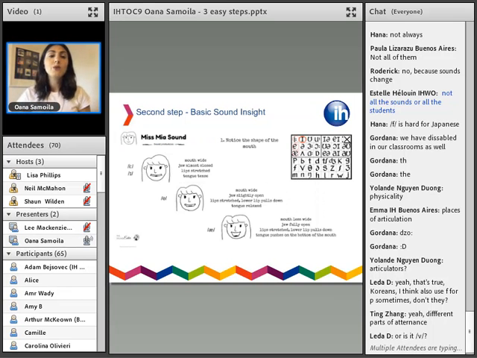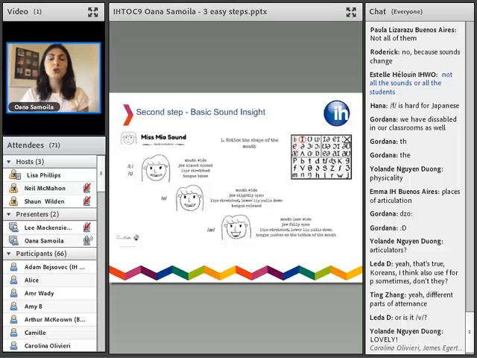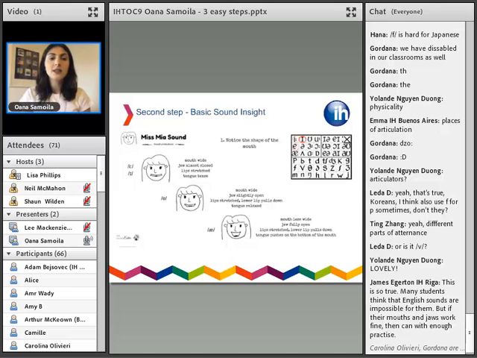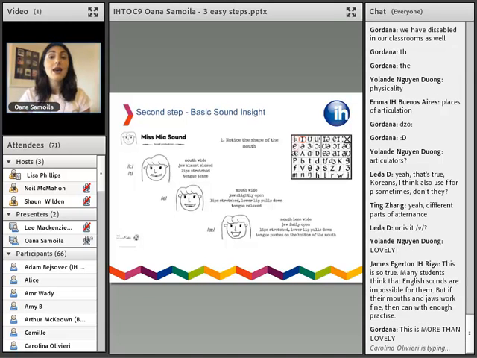And what I did was I also created some worksheets, handouts, presentation charts, something that I can give my students that shows them exactly how their mouth works when the sound is created. As you can see on this particular worksheet, I have the sounds, both of the E, I have E, and I have A.